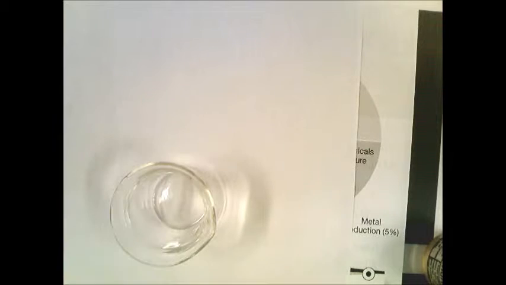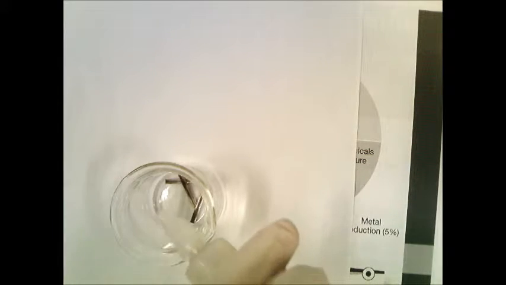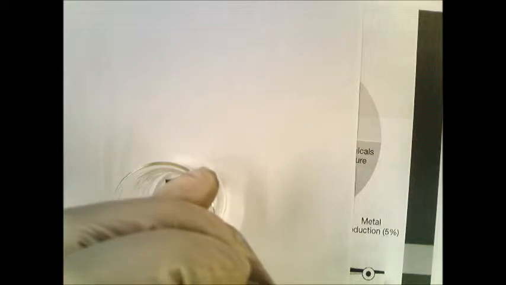Now, I do want to use more concentrated sulfuric acid. We'll see how it changes. So I'm going to put the magnesium first, and then I'll put in the sulfuric acid. Quite a bit more violent.